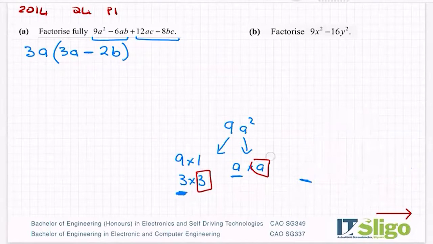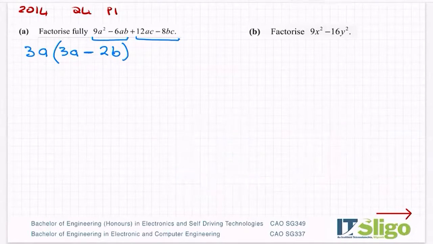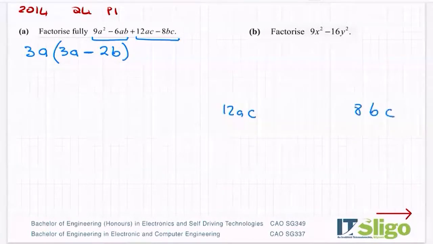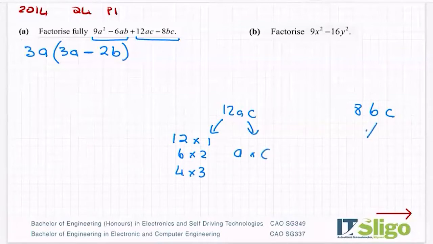Okay, so let me clean that out and let's look at the next bit. Well, I have 12AC and I have 8BC. So the factors of 12, well, 12 by 1, 6 by 2, 4 by 3. The factors of AC, well, that's A by C. Okay, the factors of 8, 8 by 1, 4 by 2, and the factors of BC are B by C. So again, what's the highest common factor of these 2 terms?